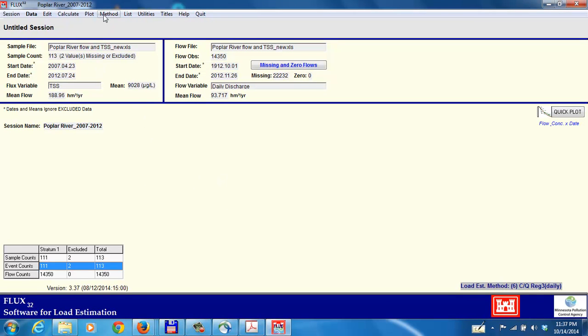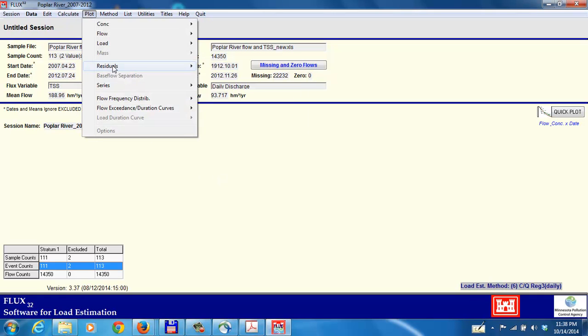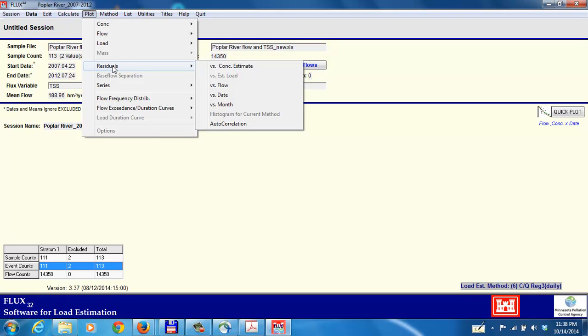One other plot that's very useful is to plot the residuals of the relationship, for instance, between concentration and flow. So if you try to predict the concentration as a function of flow with a given model, you'll have some residuals or differences between the predicted and the observed value.